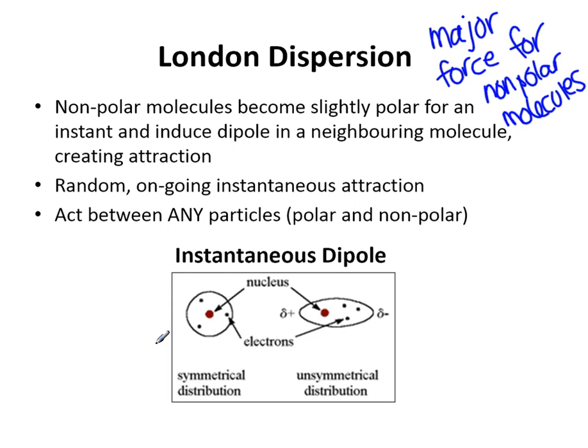But imagine the electrons at one instant in time, they all just end up gathering more on one side of the molecule versus the other, let's say on the right-hand side of the molecule versus the left, just by random chance. If that happens, if you had a cluster of electrons, which is shown over here with the dots, that groups the electrons together.